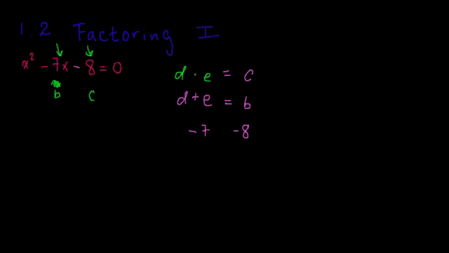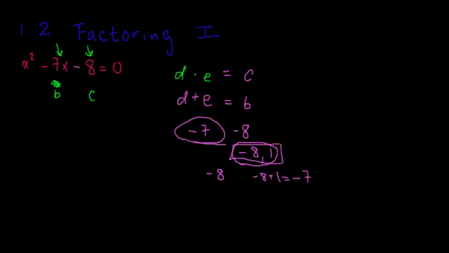Let's think about the factors of negative 8. Let's try negative 8 and 1. Negative 8 times 1 is equal to negative 8. And then negative 8 plus 1 is equal to negative 7. So our two numbers, d and e, are negative 8 and 1.